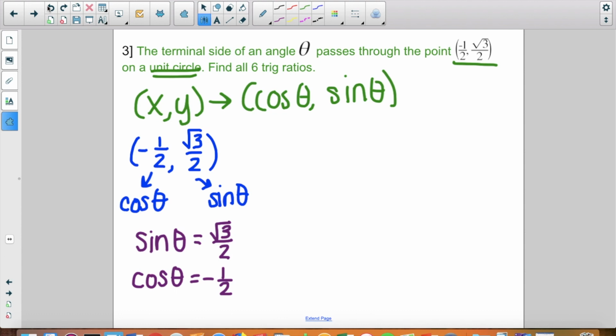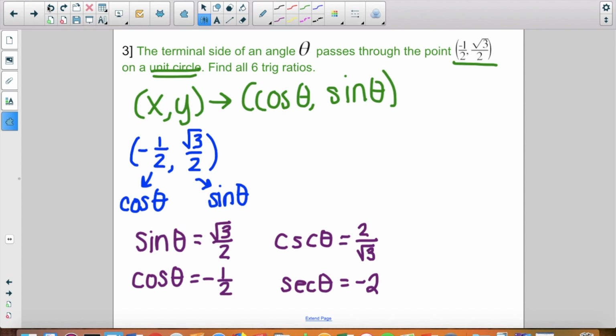Since we have sine and cosine, we also have cosecant of theta and secant of theta. Cosecant of theta is the reciprocal of sine, so you just flip that fraction. So it becomes 2 over radical 3. Same thing applies for cosine. Just find the reciprocal, which is negative 2. The only one that's going to require a little bit more work is going to be tangent.